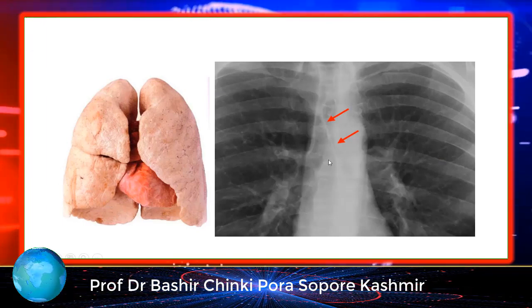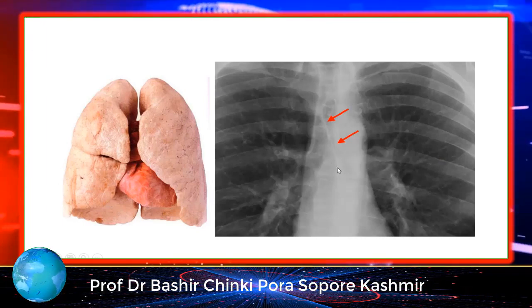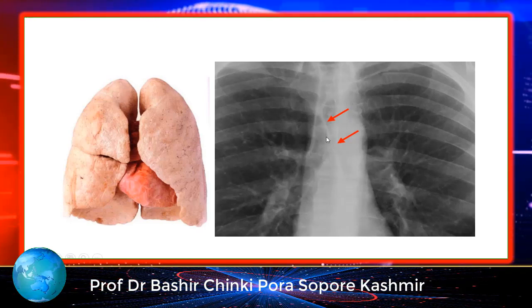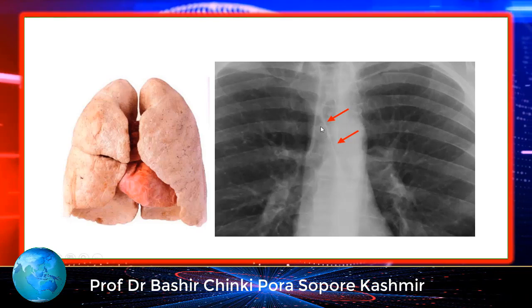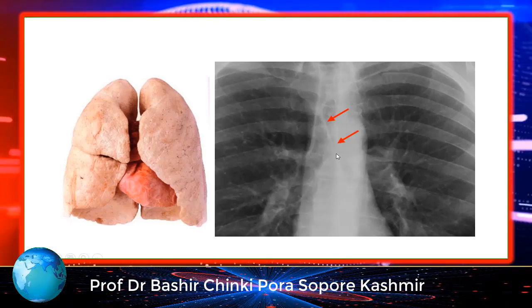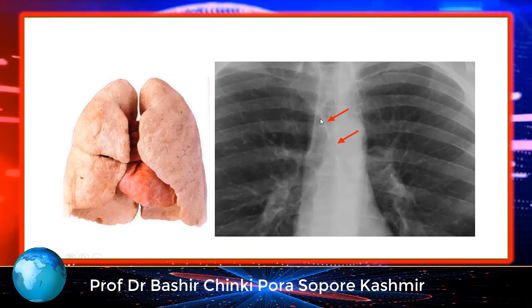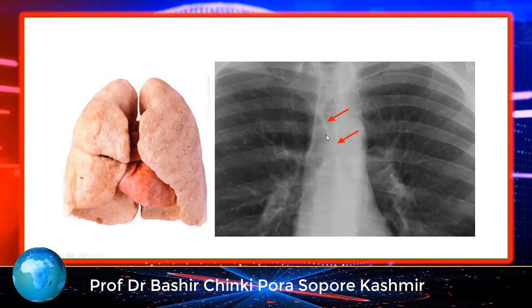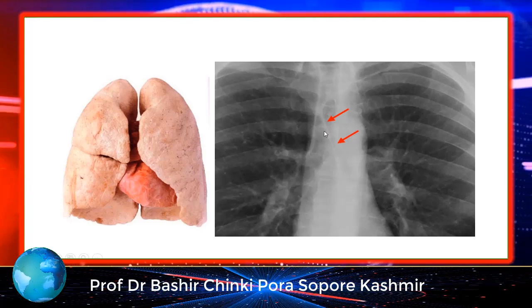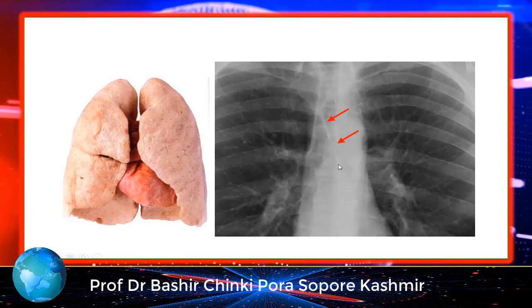I can show it here in a magnified way. This line, which is slightly oblique, which you see in the mediastinum in front of the vertebral column shadow, is the anterior junctional line. You can clearly see it here.